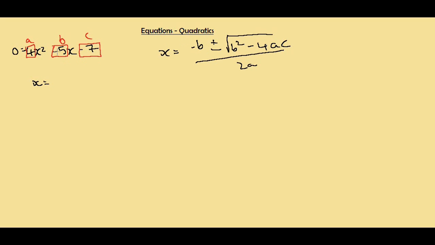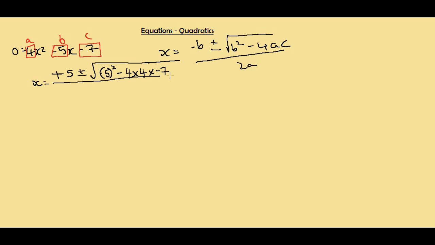So x equals minus b. Well, b is minus 5 in this case, so that's minus minus 5, which is just the same as a positive 5. Okay, hopefully that makes some sense. Plus or minus the square root of b squared, which is minus 5 squared, minus 4 times a. So a is 4, so minus 4 times 4, and then c is minus 7.